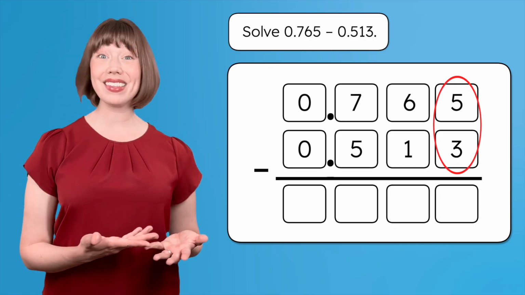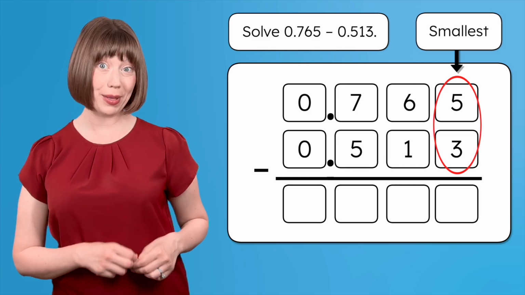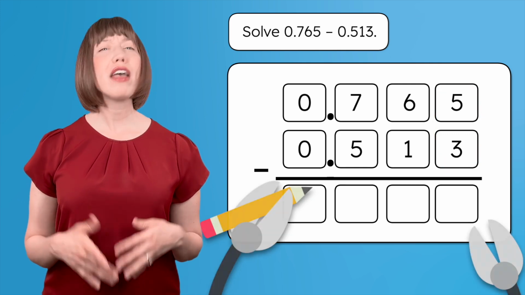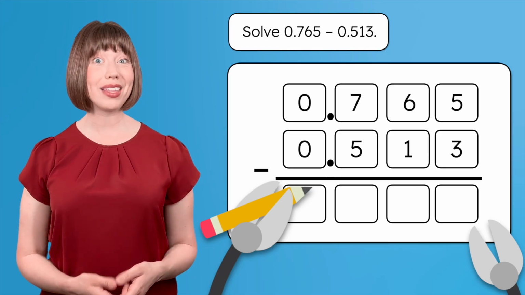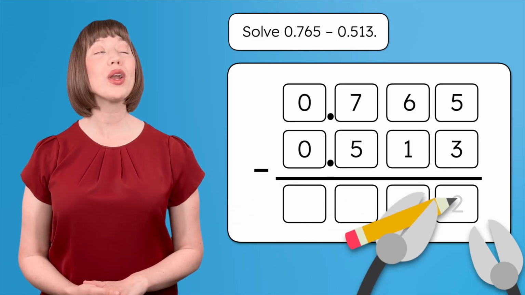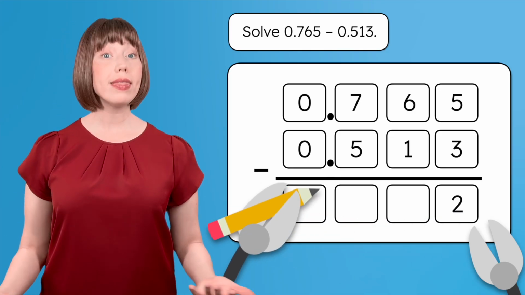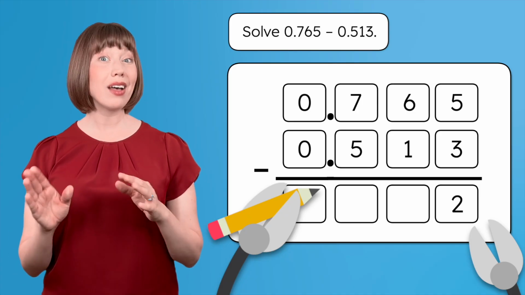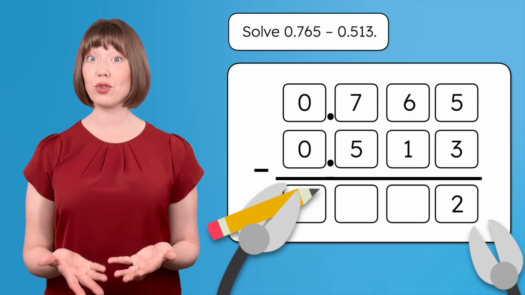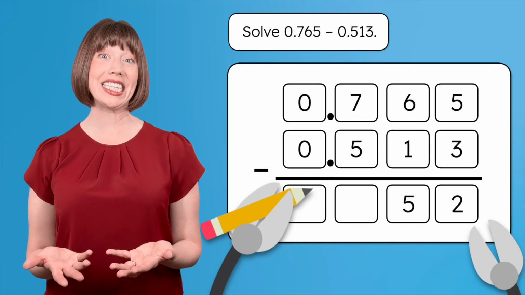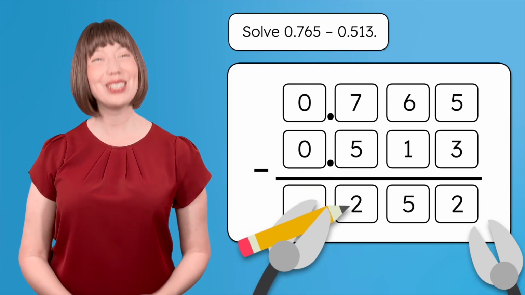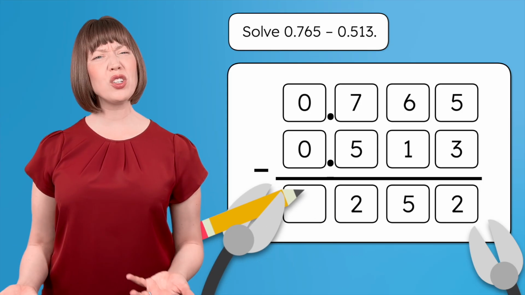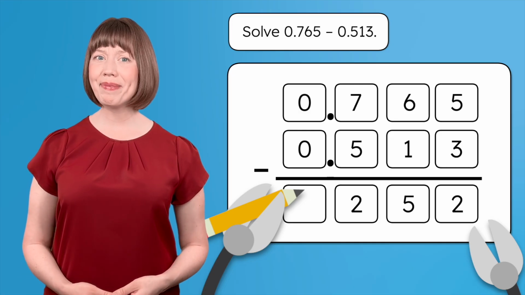The thousandths, because it's the smallest place we're subtracting. 5 thousandths minus 3 thousandths is 2 thousandths, so we record a 2 below. Then we subtract 6 hundredths minus 1 hundredth to get 5 hundredths, and 7 tenths minus 5 tenths to get 2 tenths. What do we do with the decimal point?